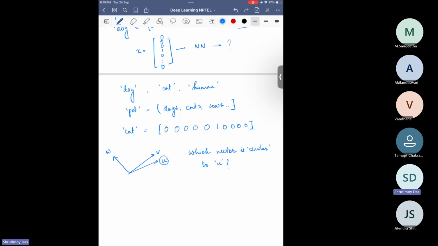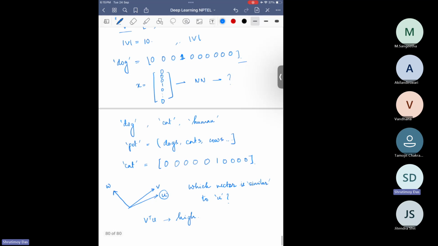So that means if two objects v and u are similar, their vectors should also be close to each other, right? If I do the cosine similarity, u transpose v, this should be reasonably high, because if two vectors are aligned together, if two vectors are close, their dot product is high.